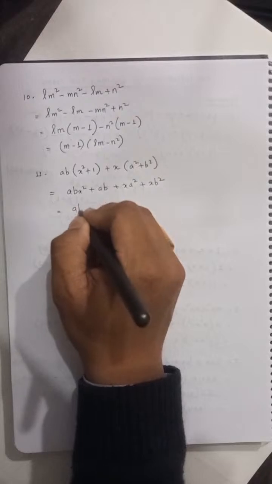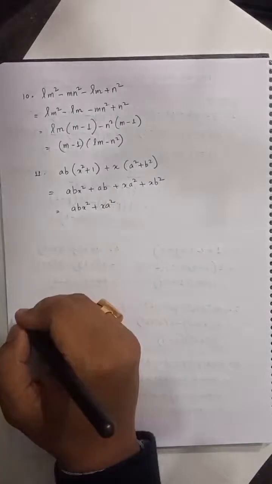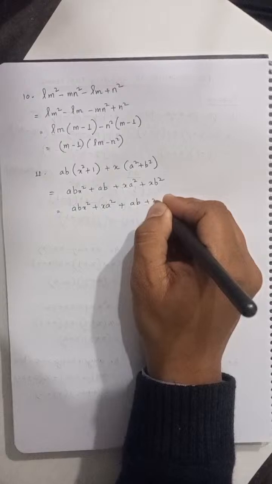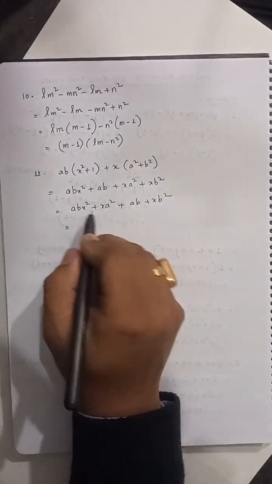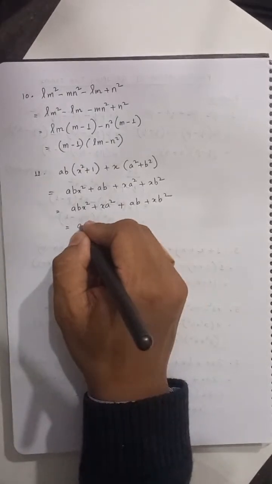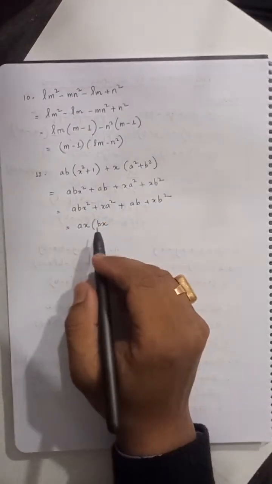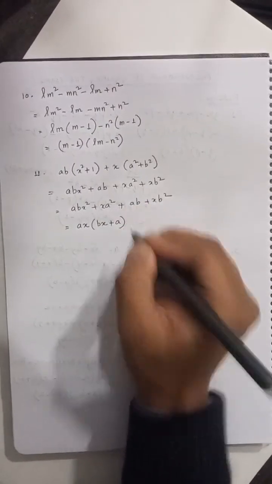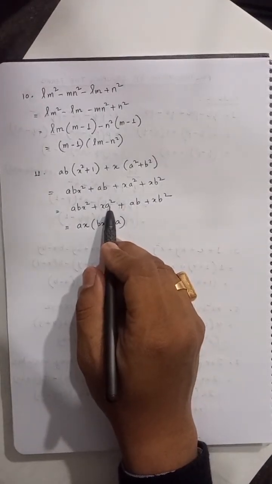Okay, so let's see what we can do. We can make a group of abx square and x a square, and then we have ab plus xb square. Out of these two terms we can take a and x as common, and we will be left with bx plus a.